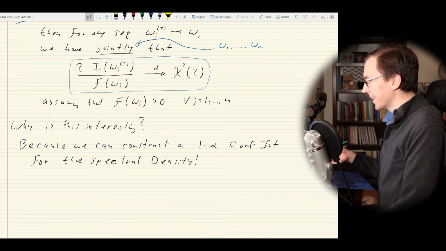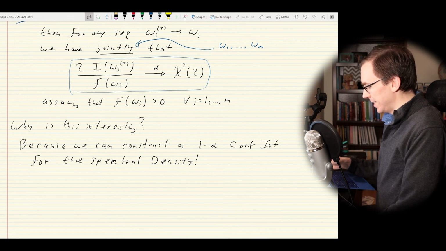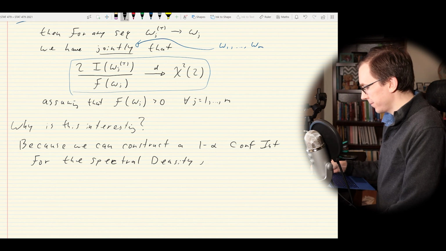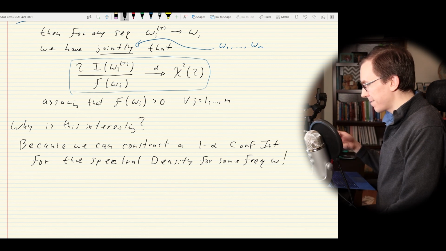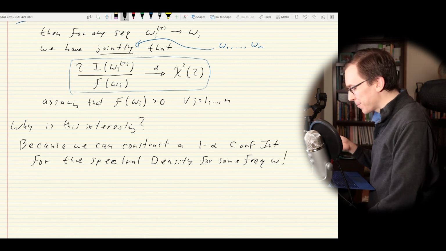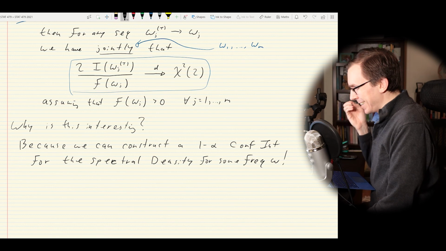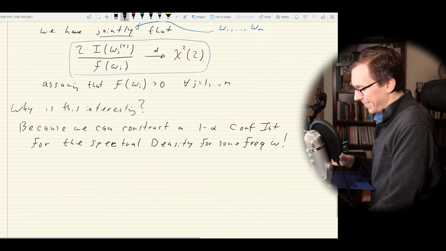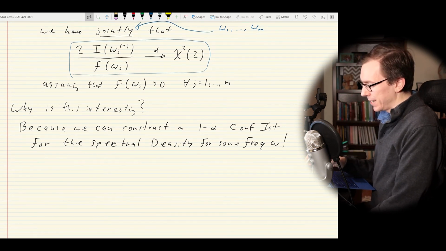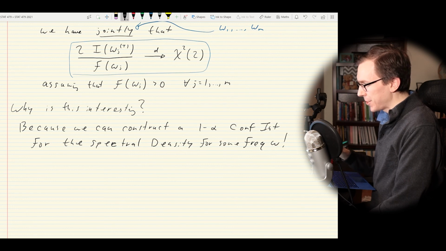Okay, what would that look like? Well, for some frequency omega, not factorial, just exclamation point because I'm excited about it. What it would look like is to just rearrange this convergence in distribution equation above.